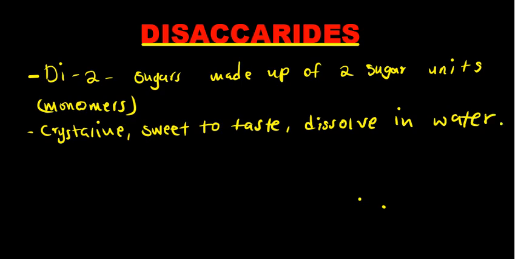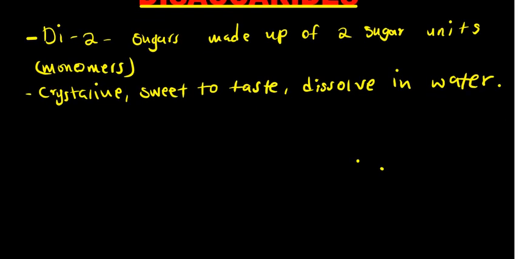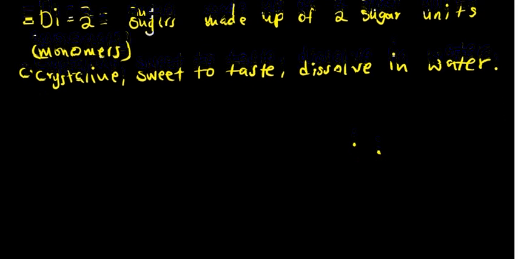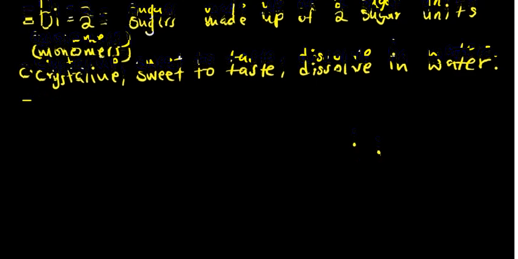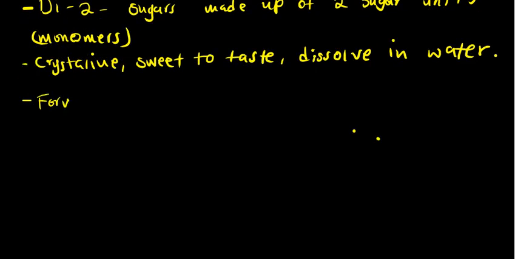They are formed by the process that we call condensation. This means that when you join two monomer units, you are going to release a water molecule from the two monomers.